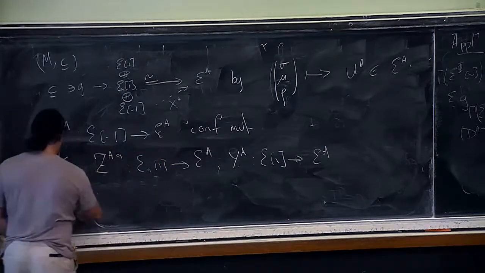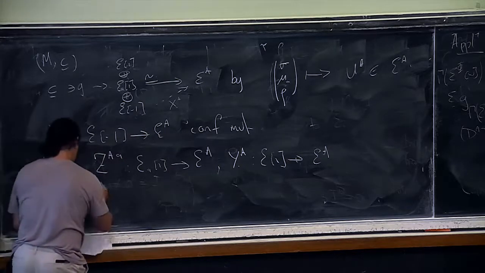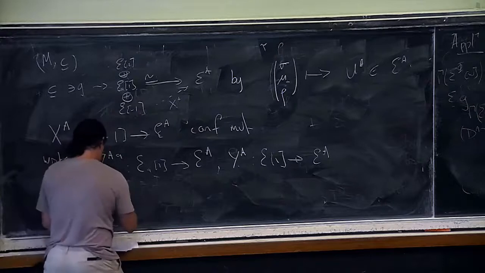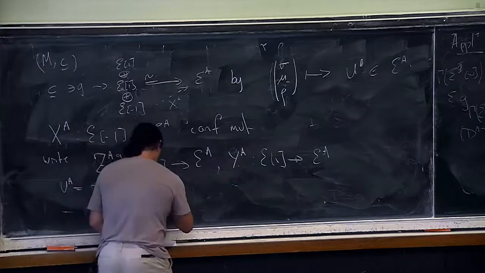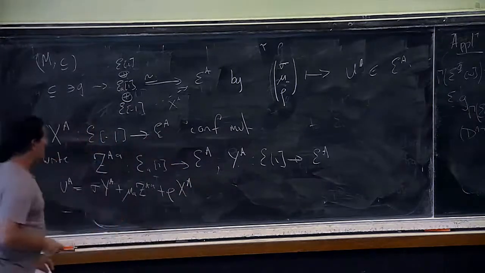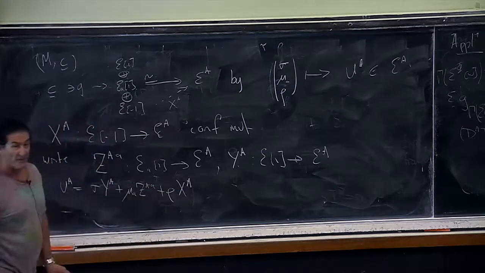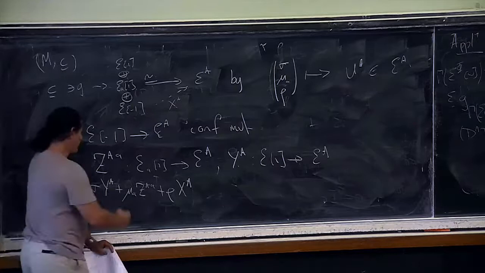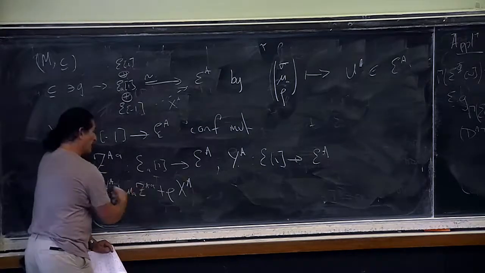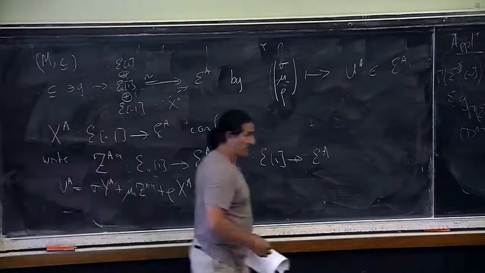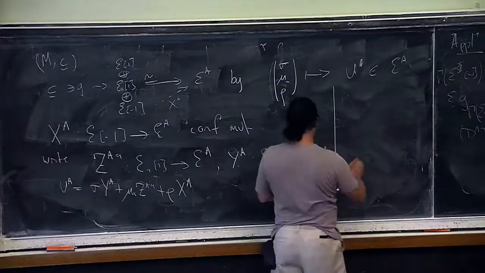But then I can rewrite my object up there in this form: UA is sigma times YA plus mu A ZAA plus rho XA. So if you like, you can think of the combination of Y, Z, and X as an adapted frame. These are abstract indices, but if I picked 1 up to n for this bit, underlined it, made it concrete indices, this is just an adapted frame. Nothing complicated. But because it's an adapted frame, there are some nice properties.